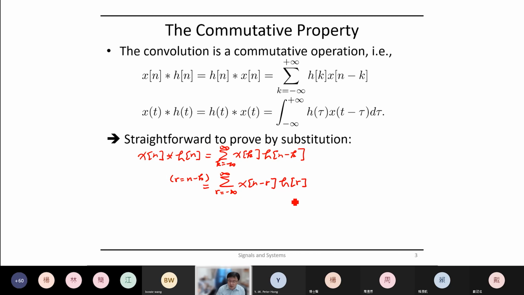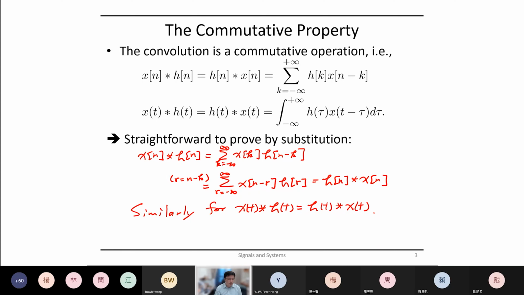And this is exactly in the form of the convolution between h and x. So just by a change of variable, you show that this convolution is a commutative operation. You can do this similarly for continuous time to show that x of t convolved with h of t is equal to h of t convolved with x of t.